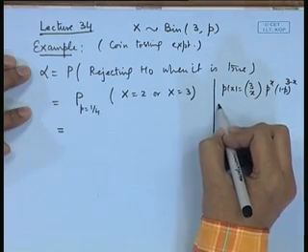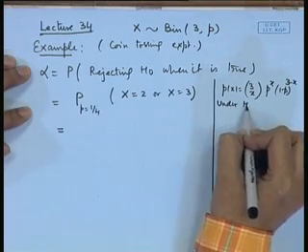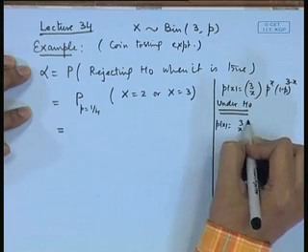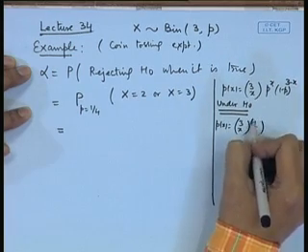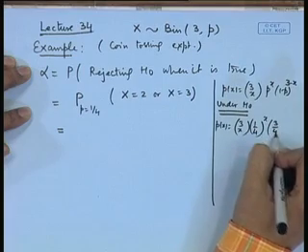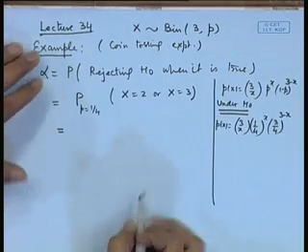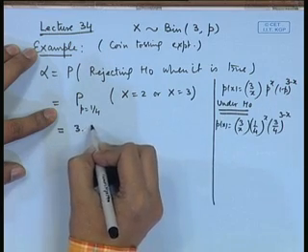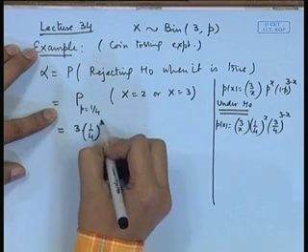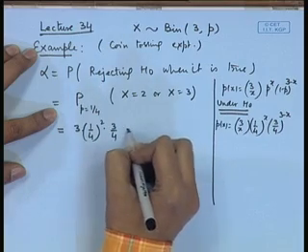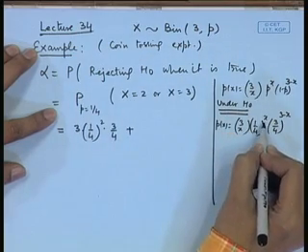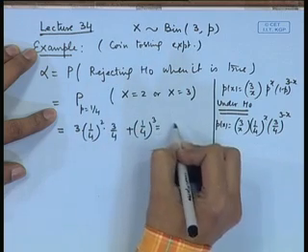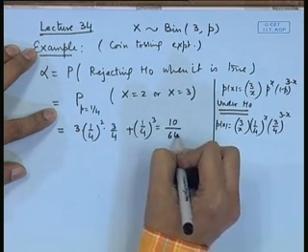Now, under H naught this P(x) function will be equal to 3 c x 1 by 4 to the power x, 3 by 4 to the power 3 minus x. So, when I substitute x is equal to 2 here, I get 3 into 1 by 4 square into 3 by 4, plus, when I put x equal to 3 here, this is simply reducing to 1 by 4 cube. So, that is equal to 10 by 64.